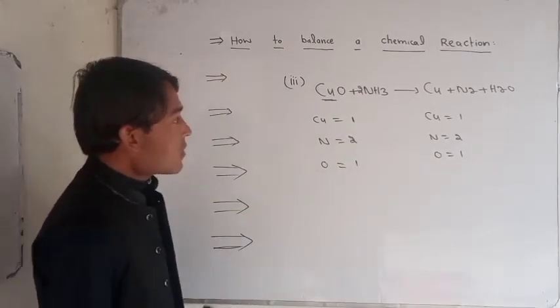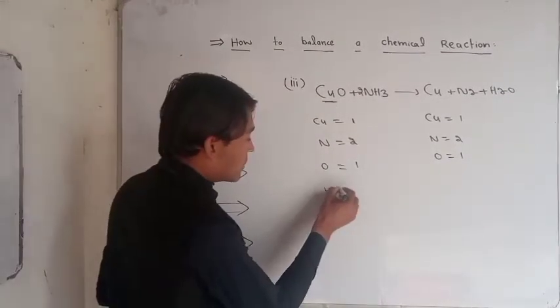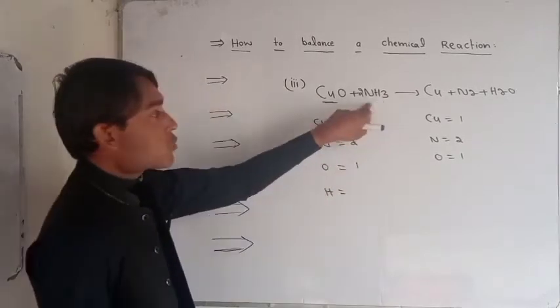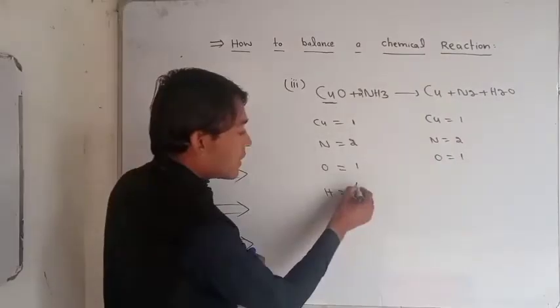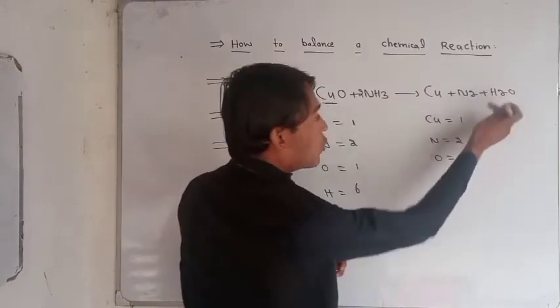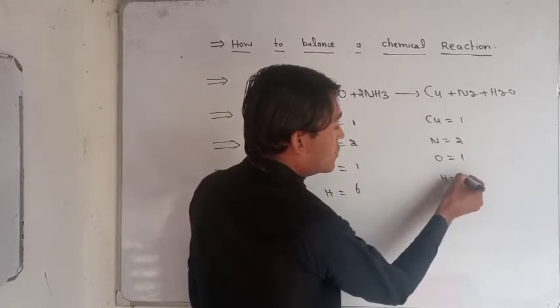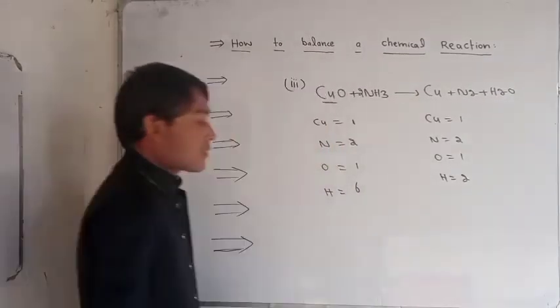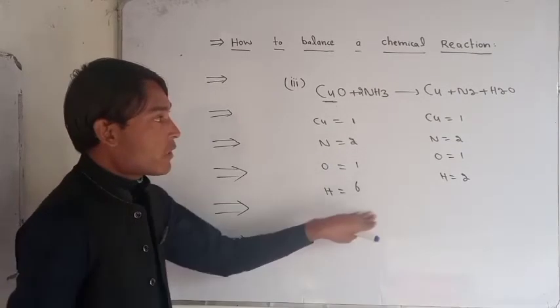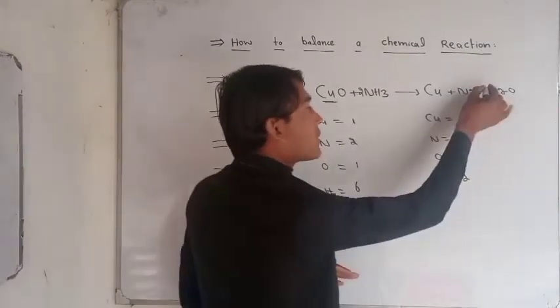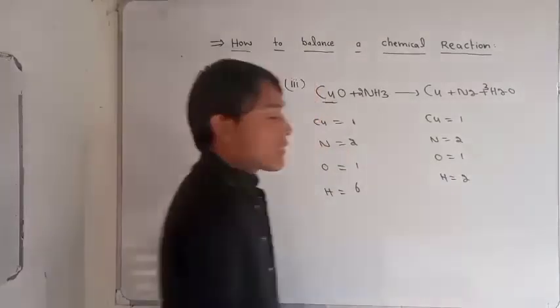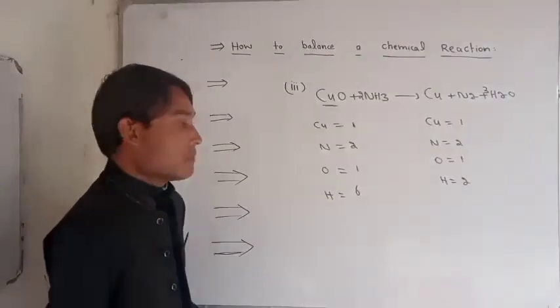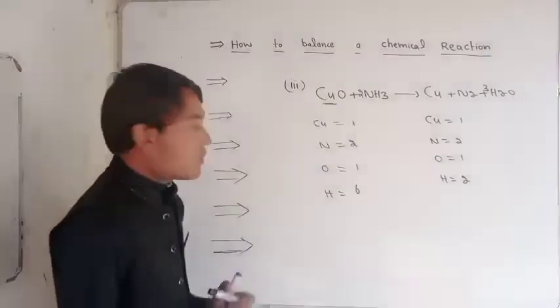The last one is hydrogen. The number of hydrogen is 2 3s are 6, so I can write 6 here, and here we only have 2. So I have to add a coefficient of 3. Now again go back to the reaction.